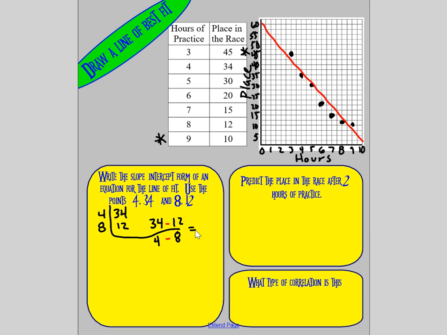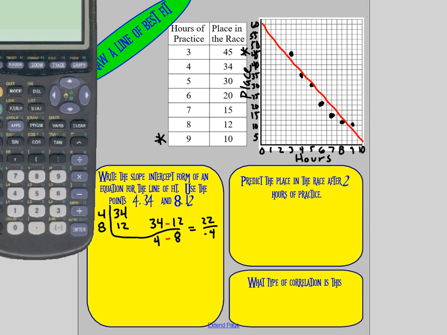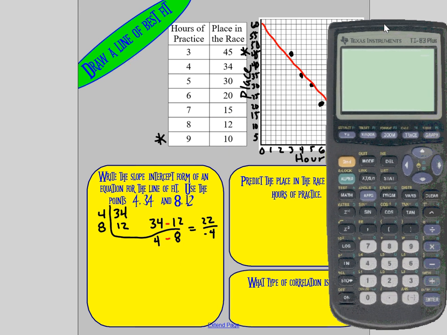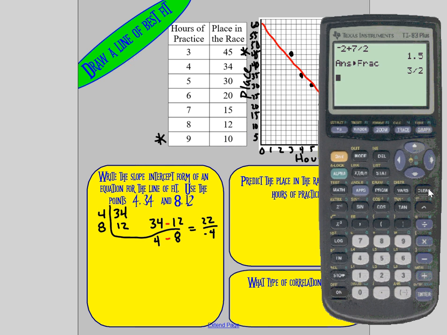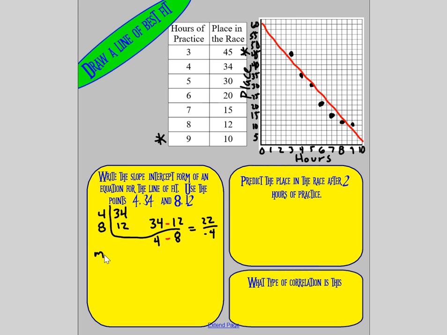34 minus 12 is going to be 22. And then 4 minus 8 is negative 4. So 22 divided by negative 4, I can actually use my calculator to do that. 22 divided by negative 4 is negative 5.5. So my slope is negative 5.5.